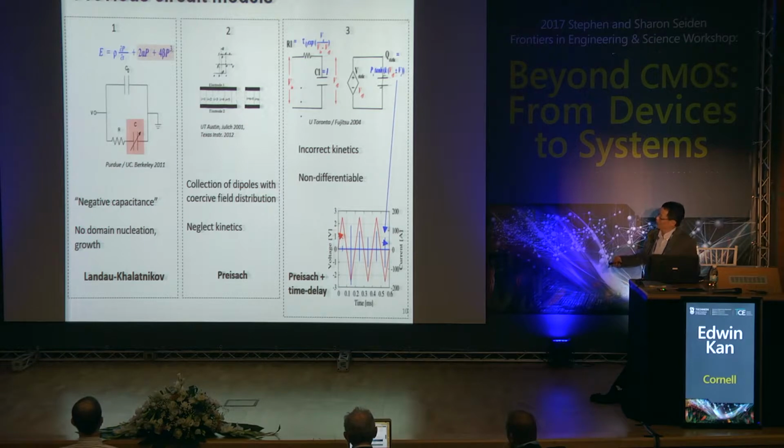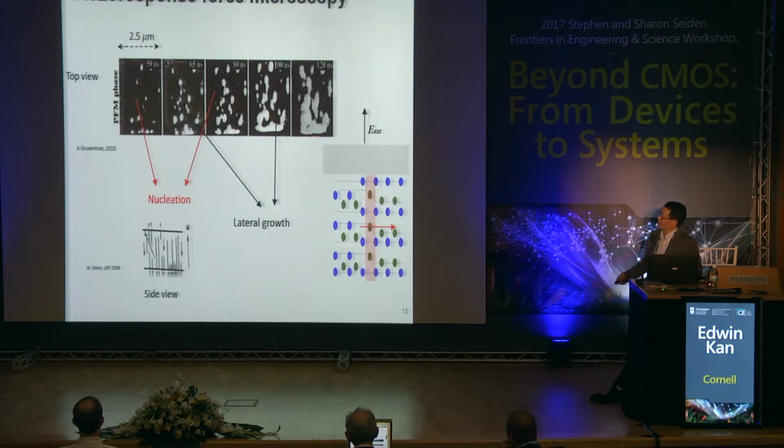So we try to improve from these previous models. This is a new technique from about 2014 that lets people observe how domain switching happens in real time. It starts clearly from nucleation, then the domain grows. Before, it was a theory; now they can take pictures of it.